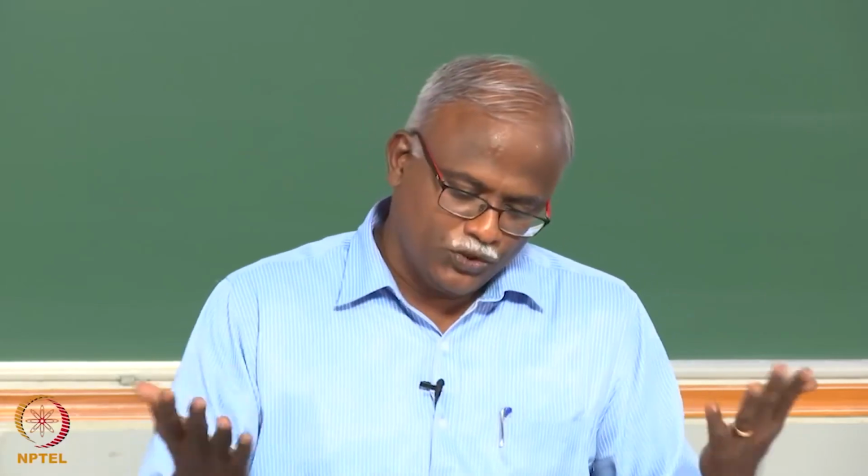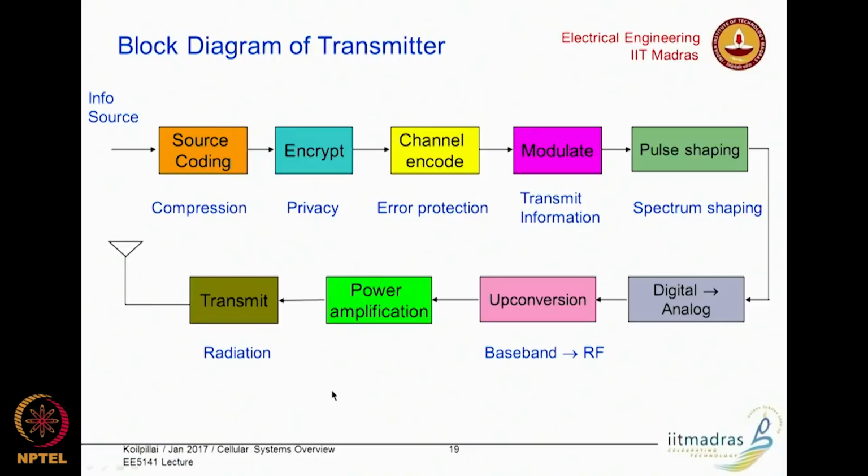If I were to ask you to draw the block diagram of a transmitter, I'm sure you would get most of it, but let me walk you through the flow. You have an information source to which you would apply source coding or compression. If it is an analog source like speech, you digitize it and compress it. That's your first step. The second step would be privacy: encrypt the information.